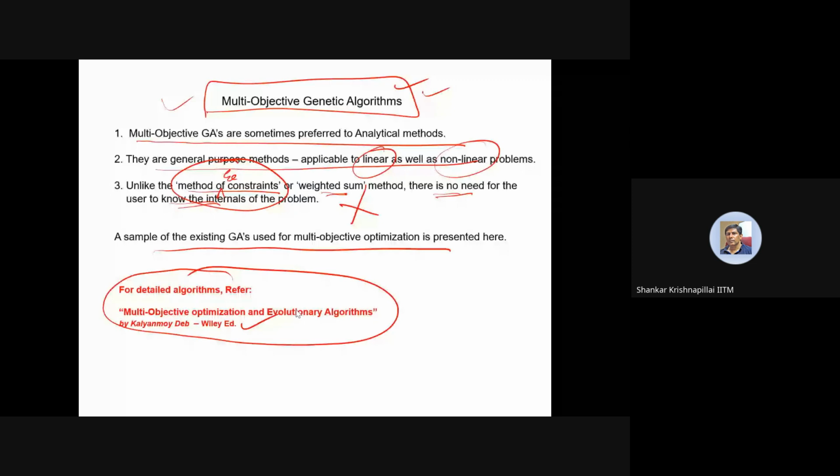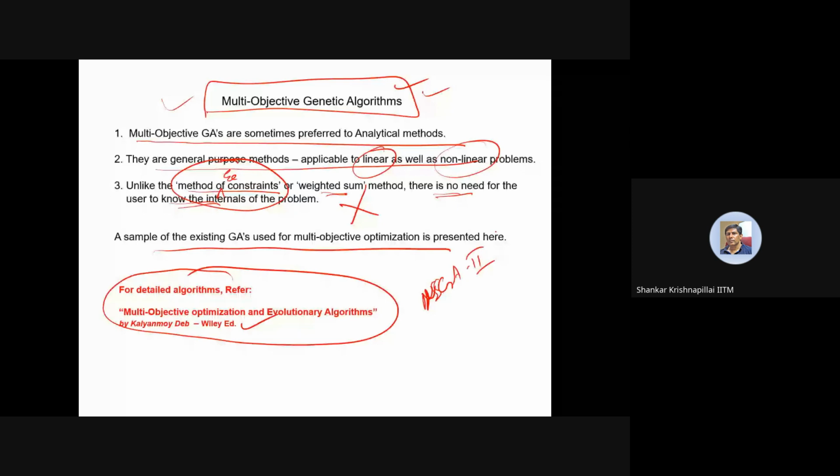Out of these, I am going to show you many genetic algorithms. The most important one is NSGA2, which will be asked for the exam. NSGA2 will be shown in the end. Only that is important for the exam. You have to study the methodology of NSGA2.